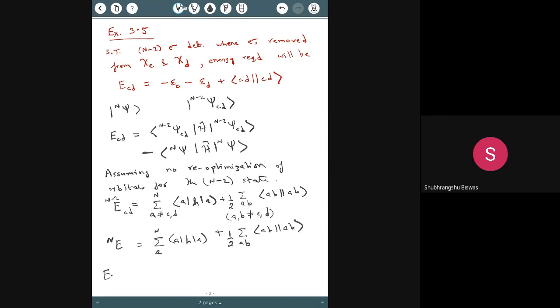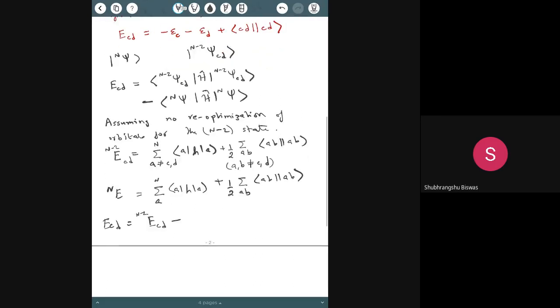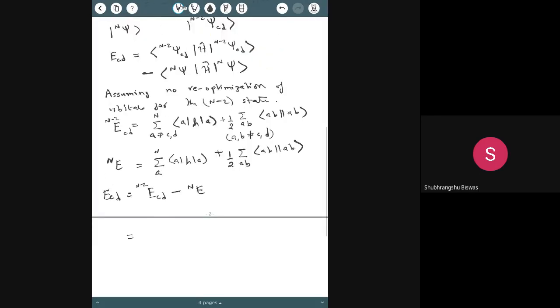And ECD is then n minus 2 ECD minus NE. So let's just directly write the difference terms. So I'm subtracting equation 2 from 1, but 2 has more terms than 1. So I'm just writing the terms which are extra in 2 with a negative sign.